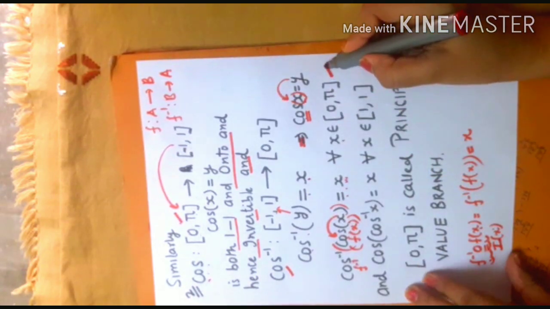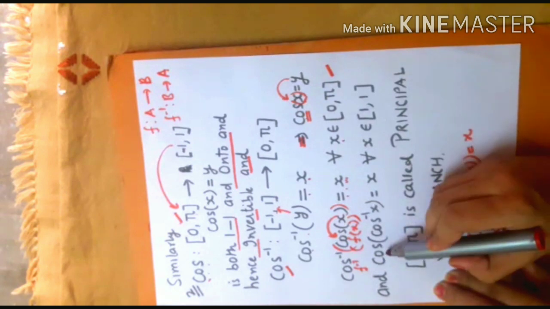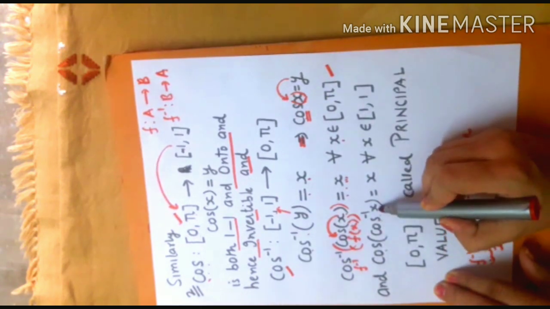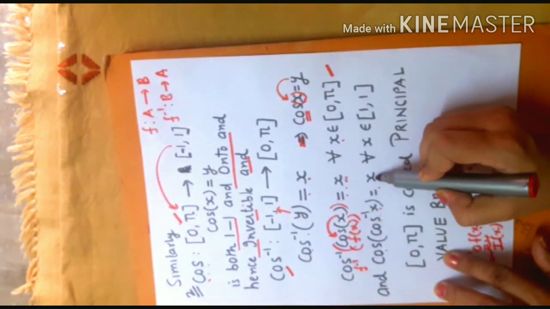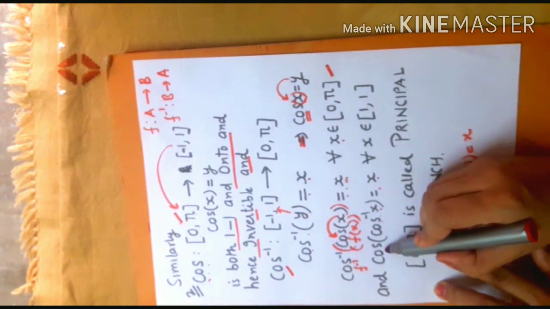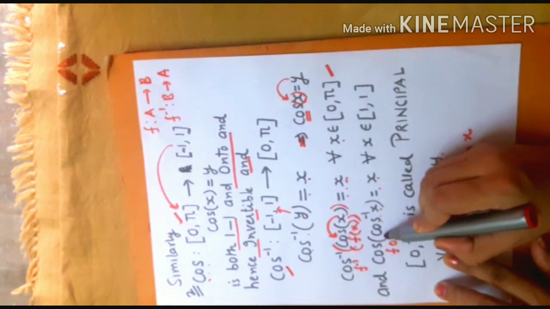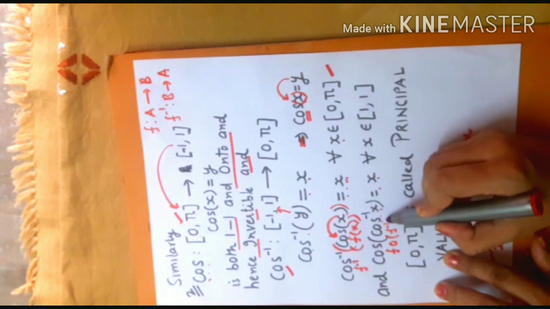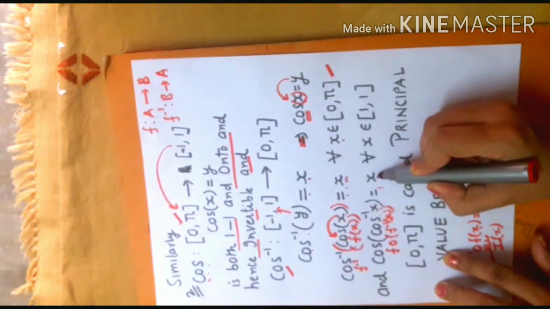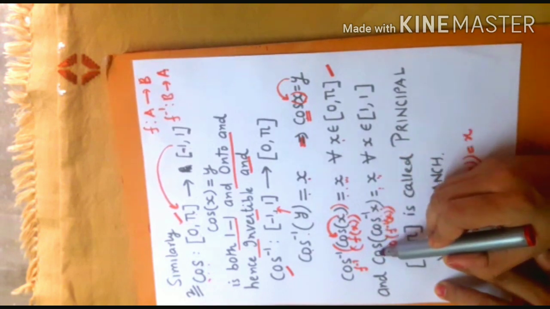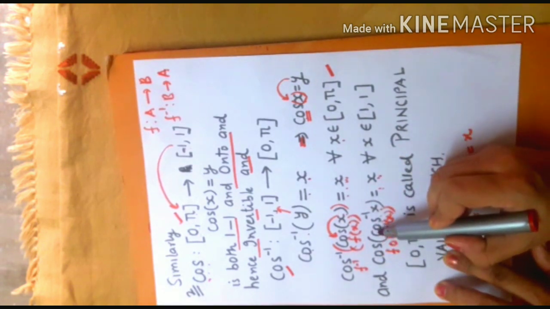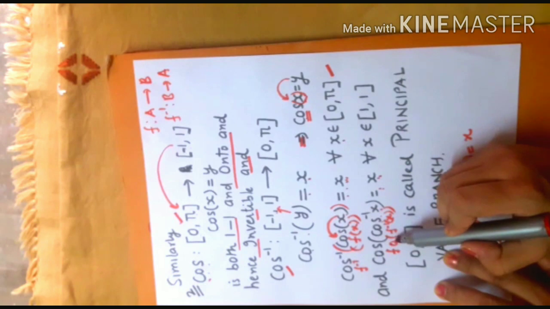Similarly, cos of cos inverse x will be equal to x, because f of f inverse x is equal to x, because composition of a function with its inverse is an identity function.